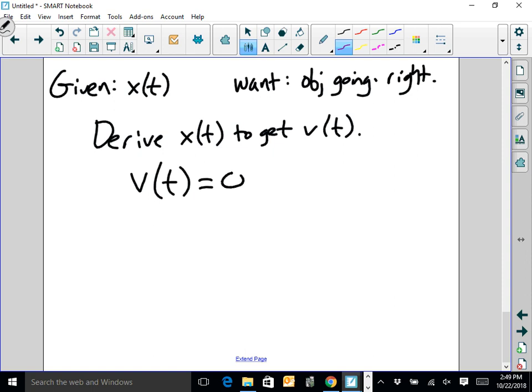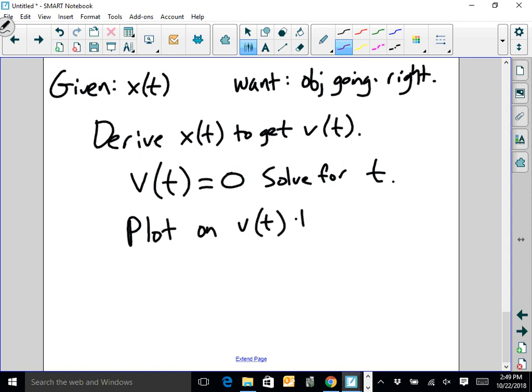Solve for t. Then I want to plot on a v of t number line and do a sign test.